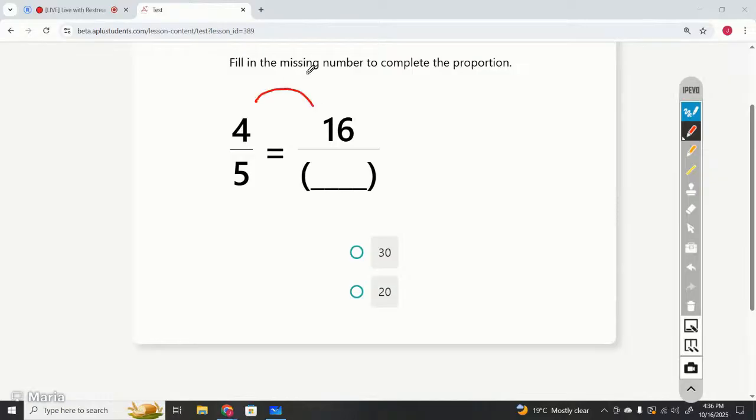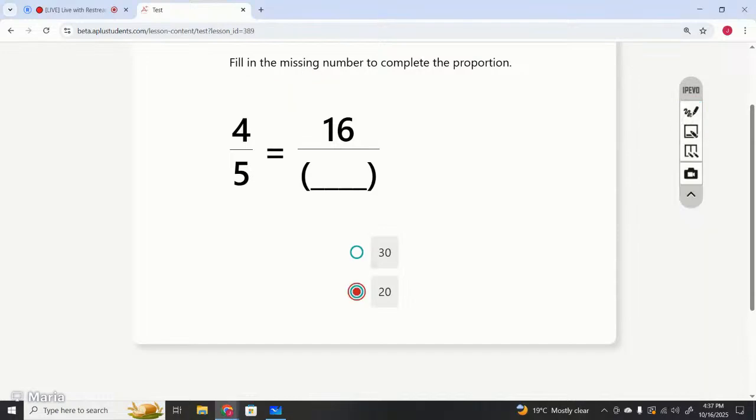So what number times 4? 5 times 4 is? That is 20. Option number 2 is the correct option.